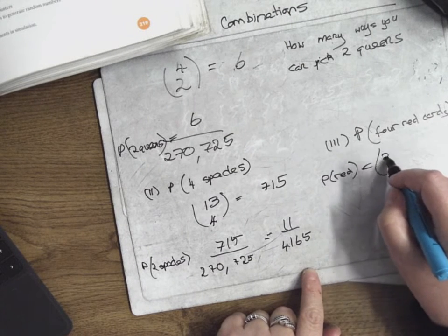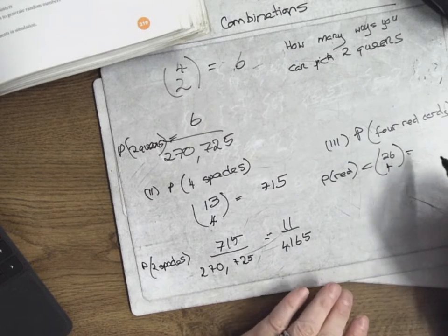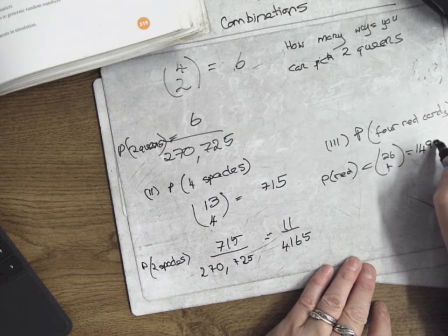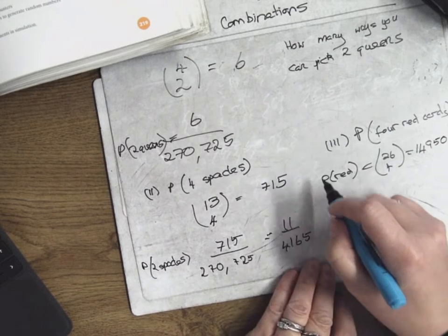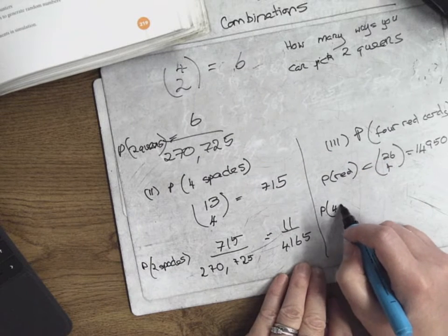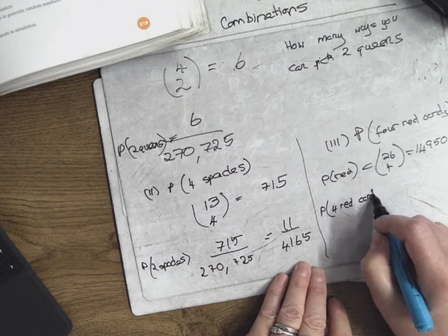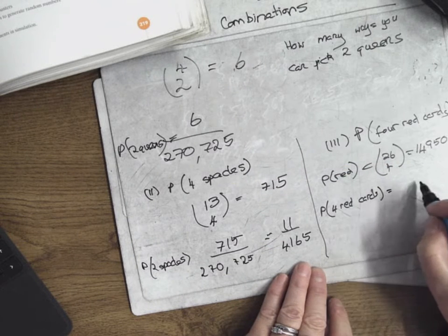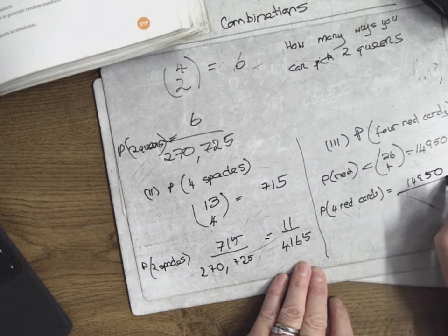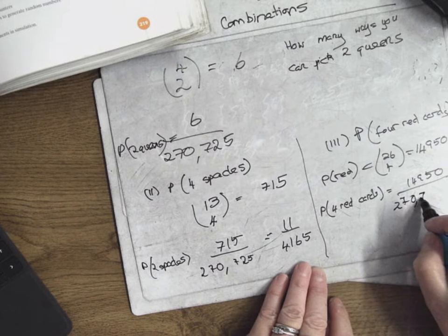4, so it's 26 choose 4 into the calculator, and you'll get 14,950. So then your probability of 4 red cards is equal to 14,950 out of a total of 270,725.